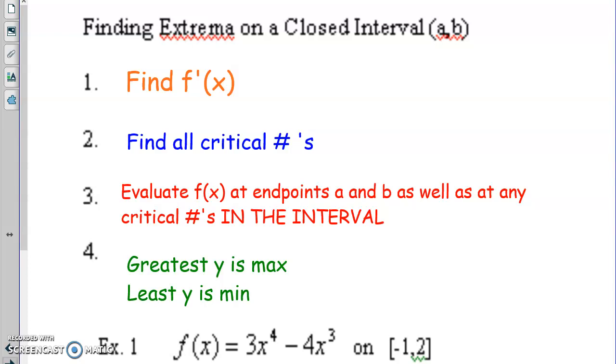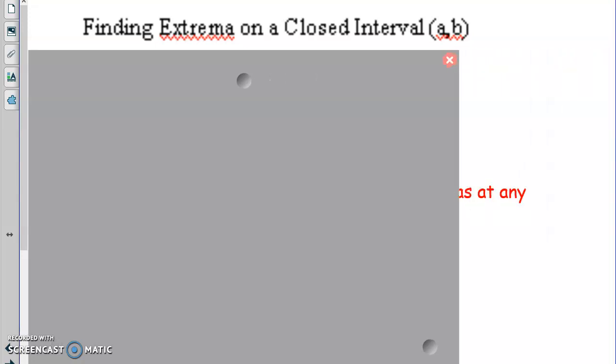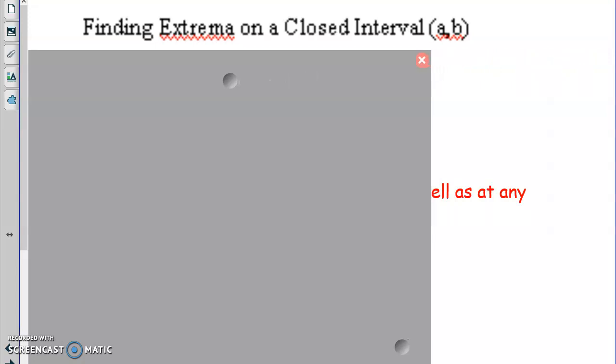Finding extrema on a closed interval. All right, we really have 3 choices when we're looking at a curve, a line, anything. If we're looking at the highest and lowest points of that interval, we could have something that looks like this.